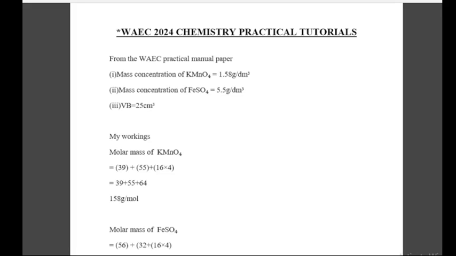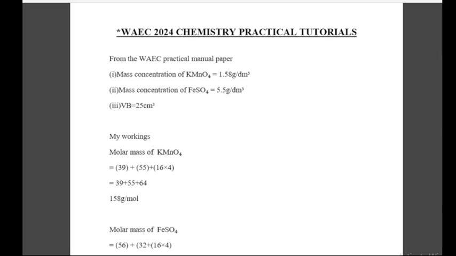This is where we're picking it up from. We're quickly going to look at what the practical manual guide is talking about, and then we'll look at some few workings on some very important things that we need to know before we quickly move into answering some questions that will be guides to us in our exams.